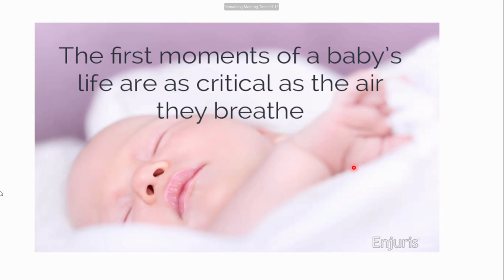And the very important part of preventing birth asphyxia is proper neonatal resuscitation. If you are trained in neonatal resuscitation and properly resuscitate the child, this can be prevented. And after birth asphyxia has happened, we can always go for supportive treatment, anti-seizure medication, and therapeutic hypothermia. Okay, this is all about birth asphyxia.